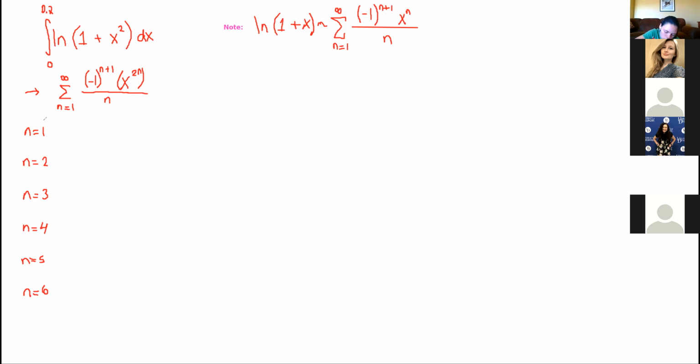And then we plug in the values for n into this summation.